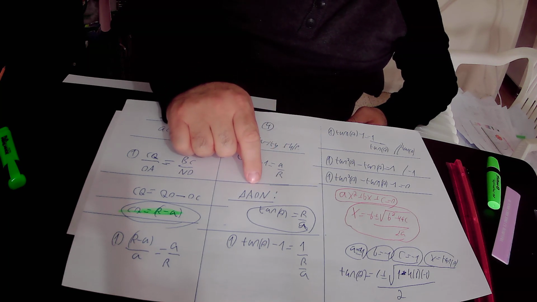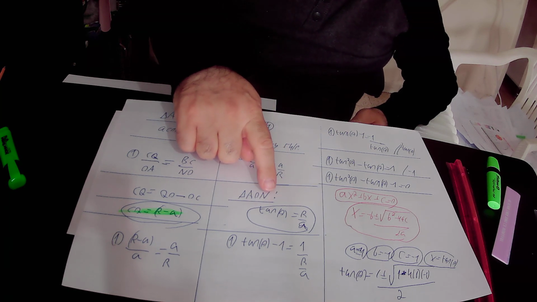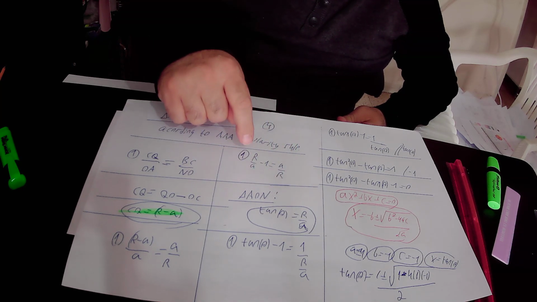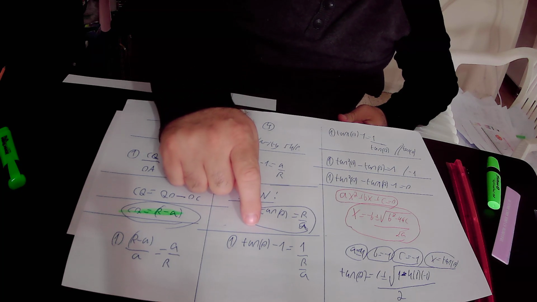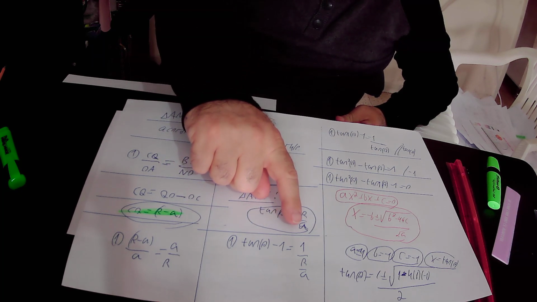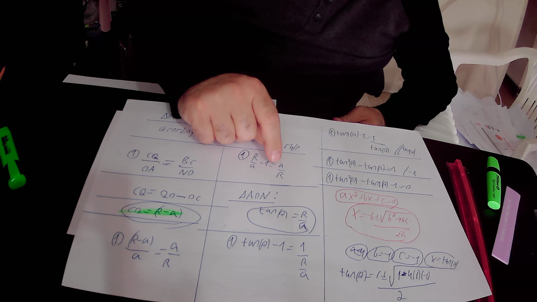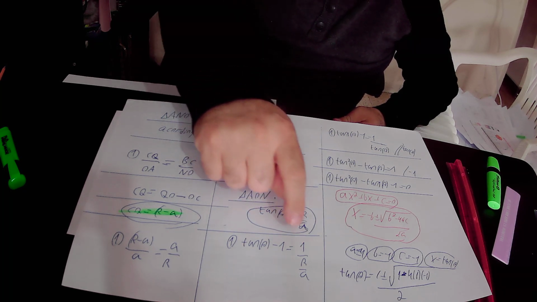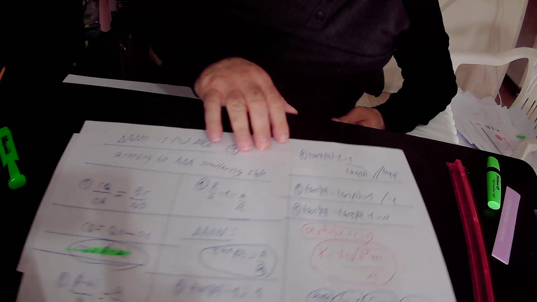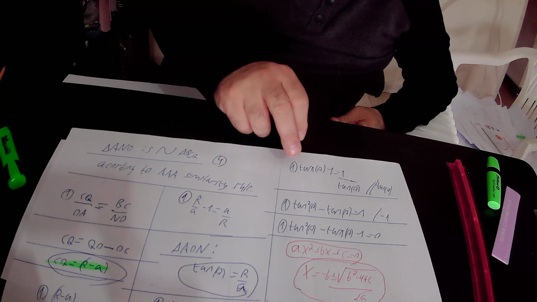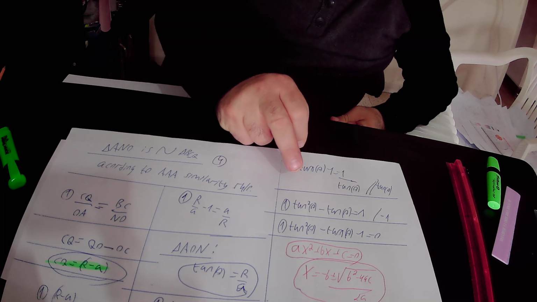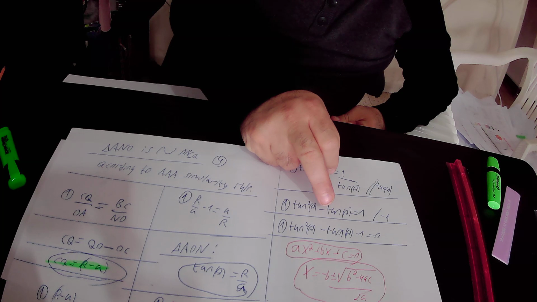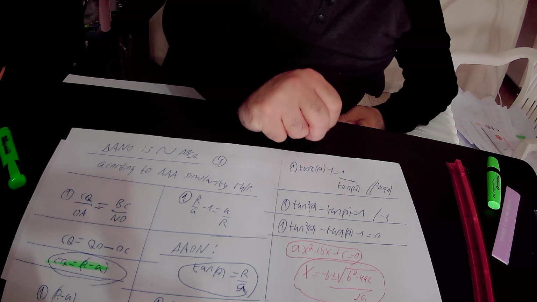In the right triangle, triangle AON, tangent theta equals R over A, so we can substitute R over A by tangent theta in equation number 1. We did it, and we got that tangent theta minus 1 equals 1 over tangent theta, since A over R is 1 over R over A. So according to equation number 1, tangent theta squared minus tangent theta minus 1 equals 0.